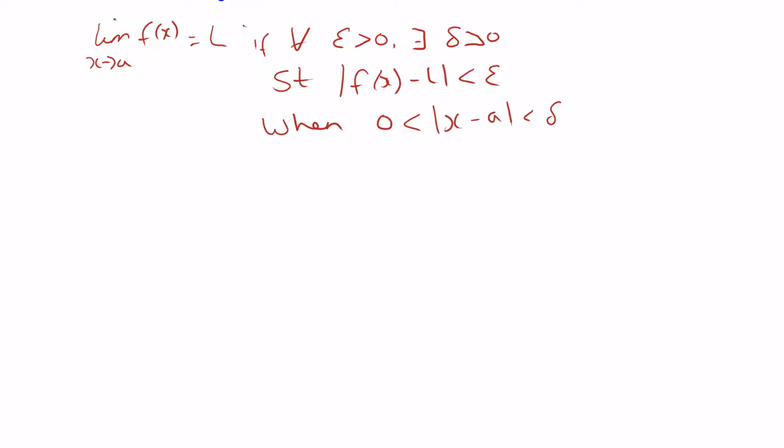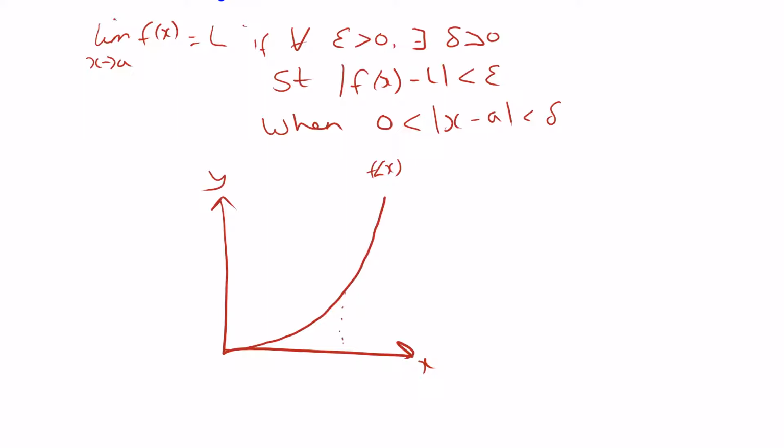So if we have a look at what this looks like, we can take the graph x, y, and we've got our function. Let's have something like this again. This is our function f of x.